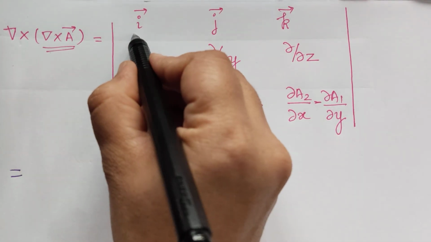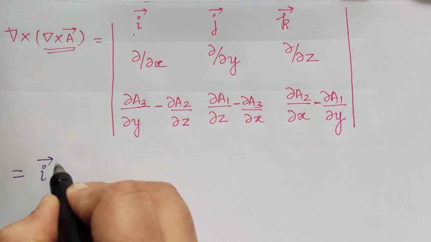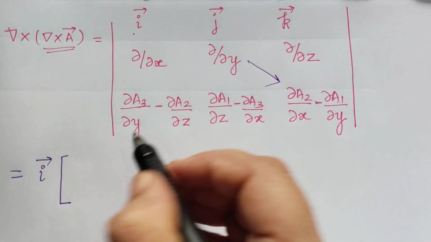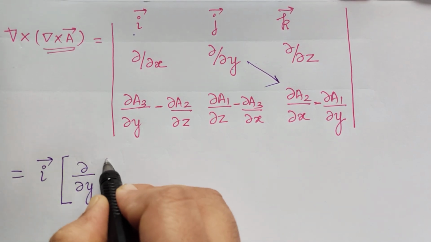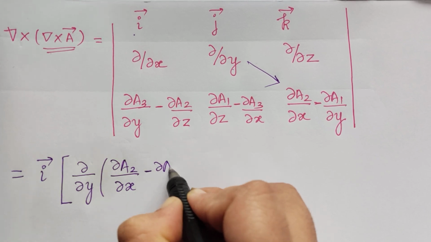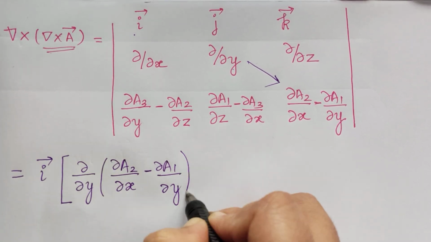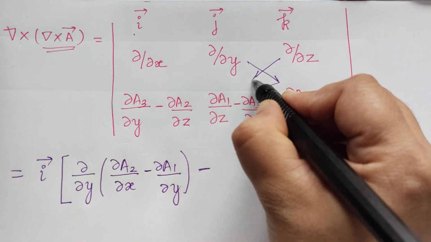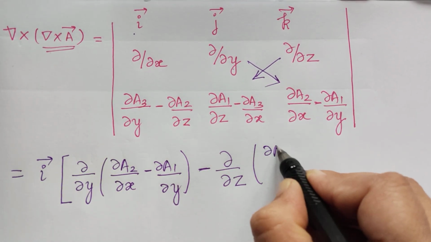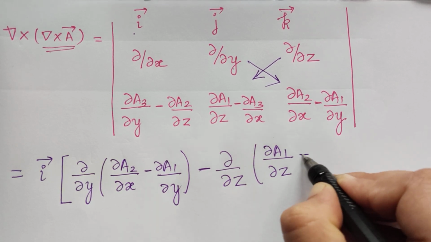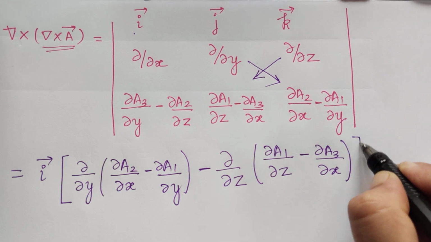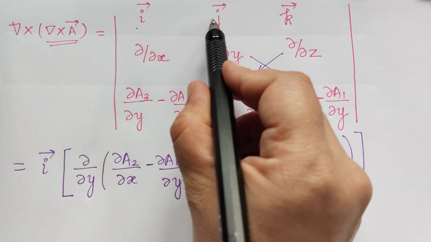This will be equal to first i vector multiplied with dou by dou y of dou a2 by dou x minus dou a1 by dou y, then minus dou by dou z of dou a1 by dou z minus dou a3 by dou x. So for the ith component we have done. Similarly j, so here it will be minus j.